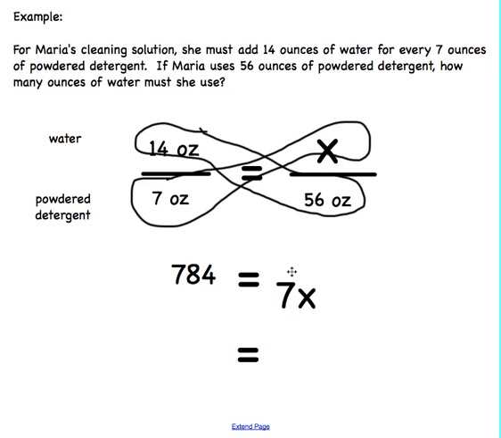Now, some of you call this the brick wall. Others do different things. But basically, what we have to remember is that when we're multiplying an unknown amount times 7, and we want to undo that, we need to divide by that 7. So we're going to divide both sides by 7 because we want to make sure whatever we do to one side, we do to the other.